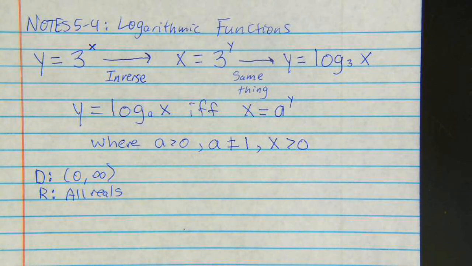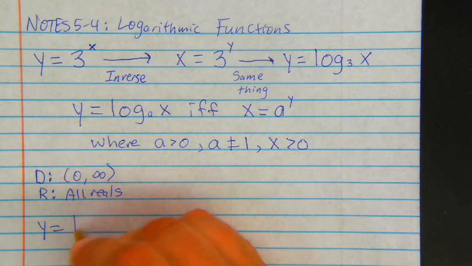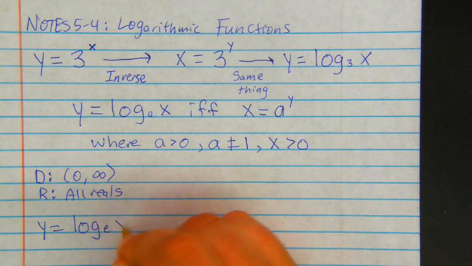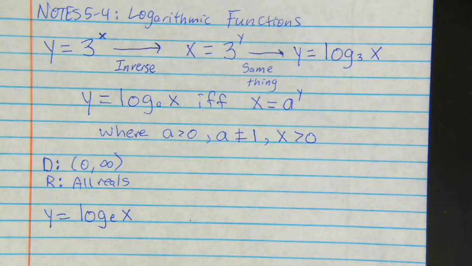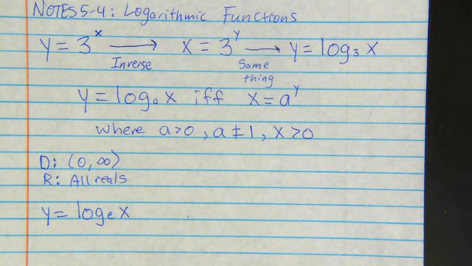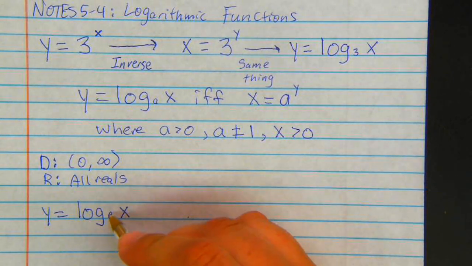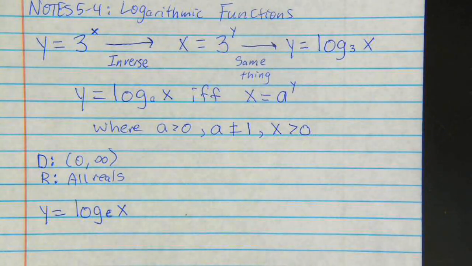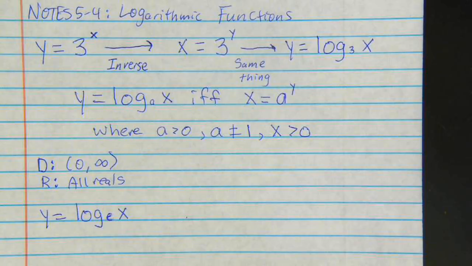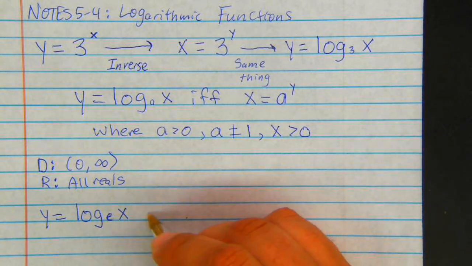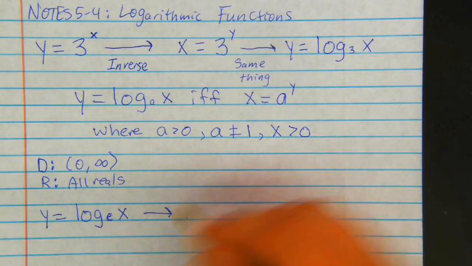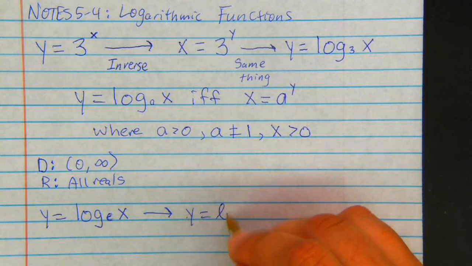The other thing we should talk about is when the base is e. E is just a number, okay? A special number that's used in different areas of mathematics. But the log base e of x is the same thing as the natural log of x.